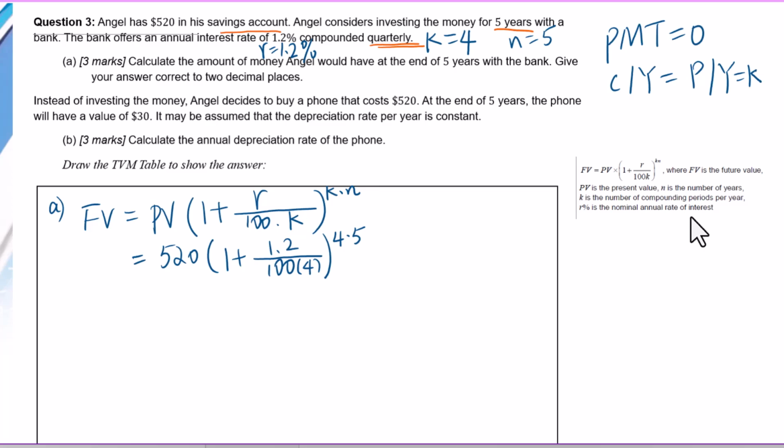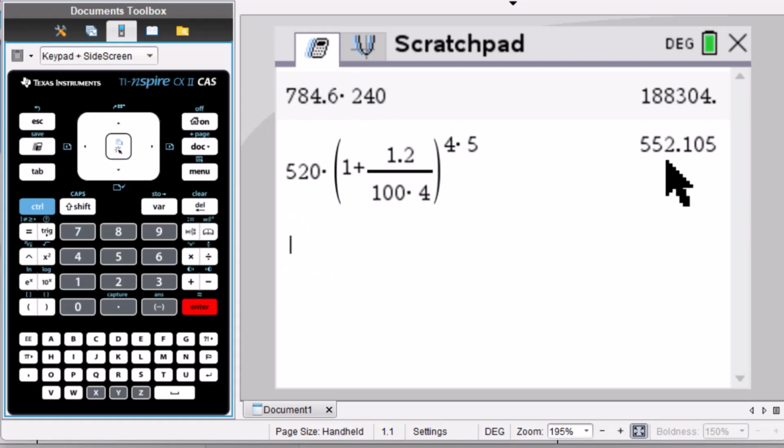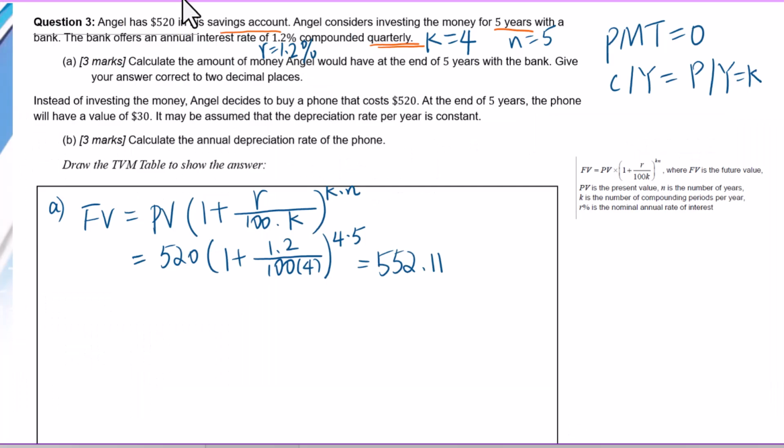Then we go to calculator. Enter. 2 decimal places: $552.11.